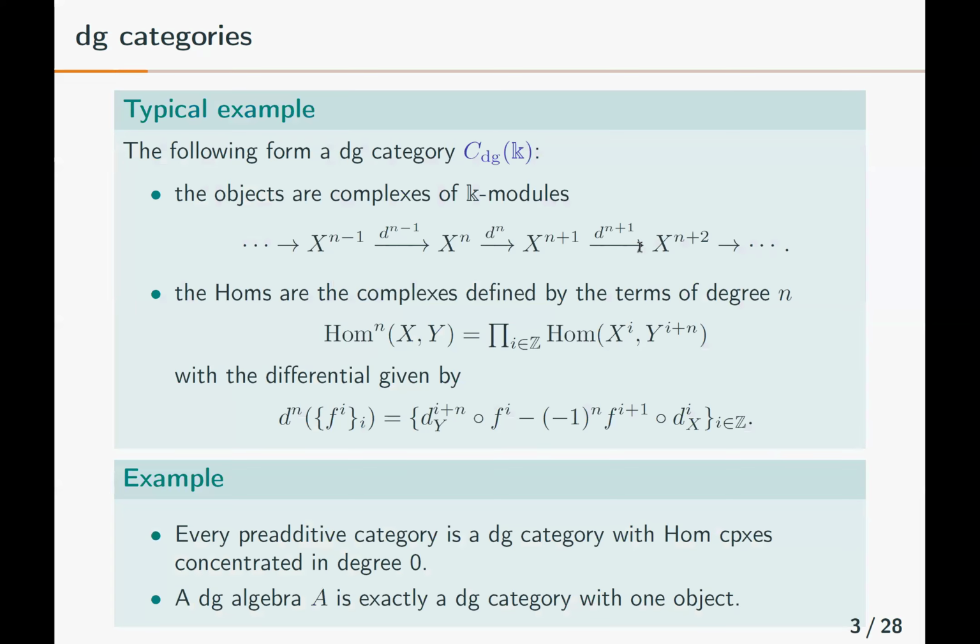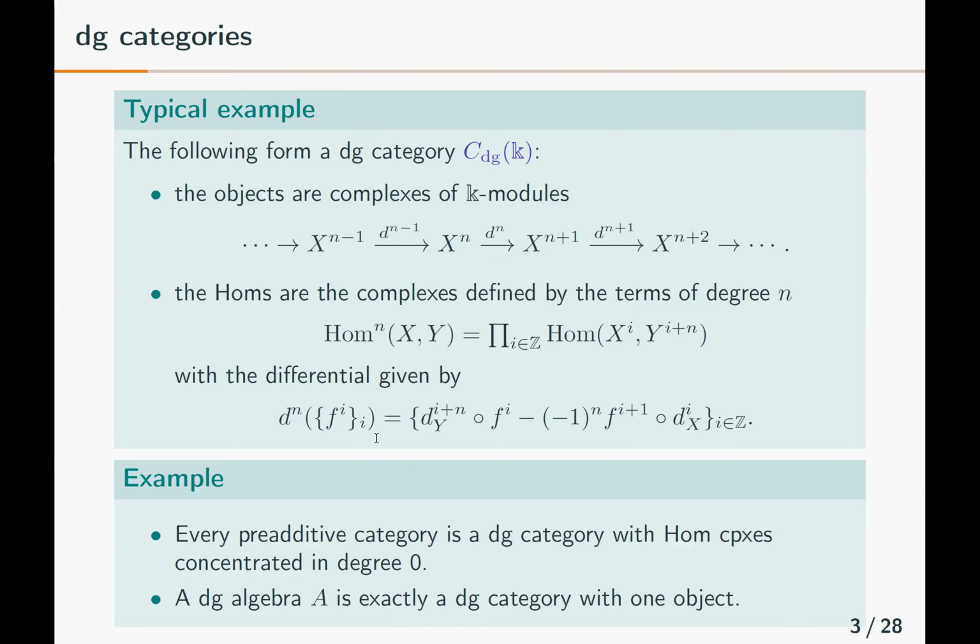Now, let me give some examples of DG categories. A typical example is the DG category of complexes. The objects are complexes of K-modules, and the hom object between two complexes is given by the standard hom complex. That is, the degree n term is given by this module, and the differential is given by this formula.